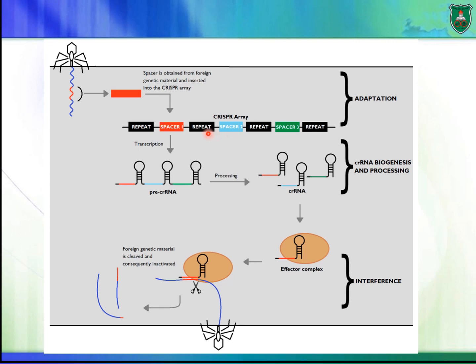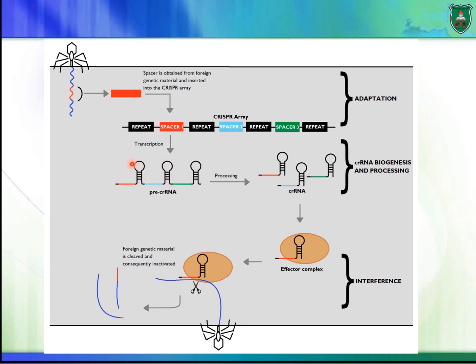Now, if a bacteriophage reinfects the same bacterial cell, the cell transcribes this region right here. So you have an RNA molecule that is produced, and it gets processed. Notice that these are the palindromic sequences right here.